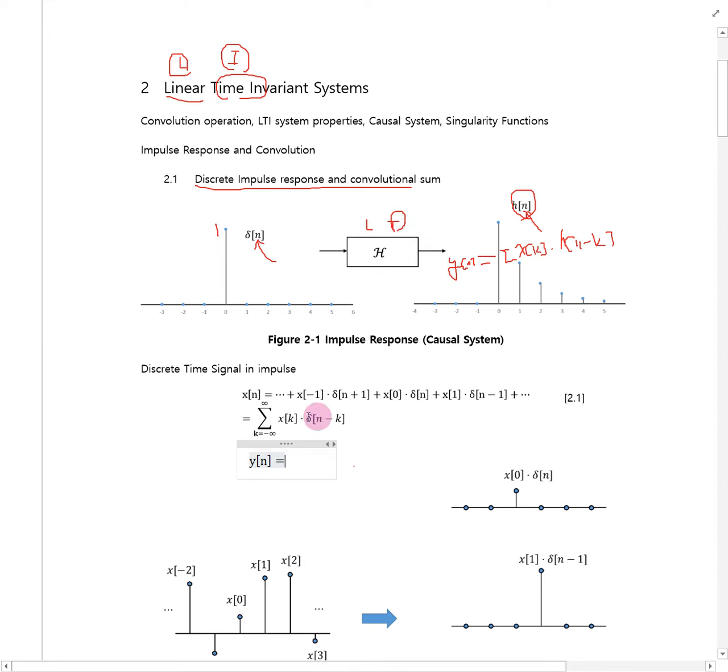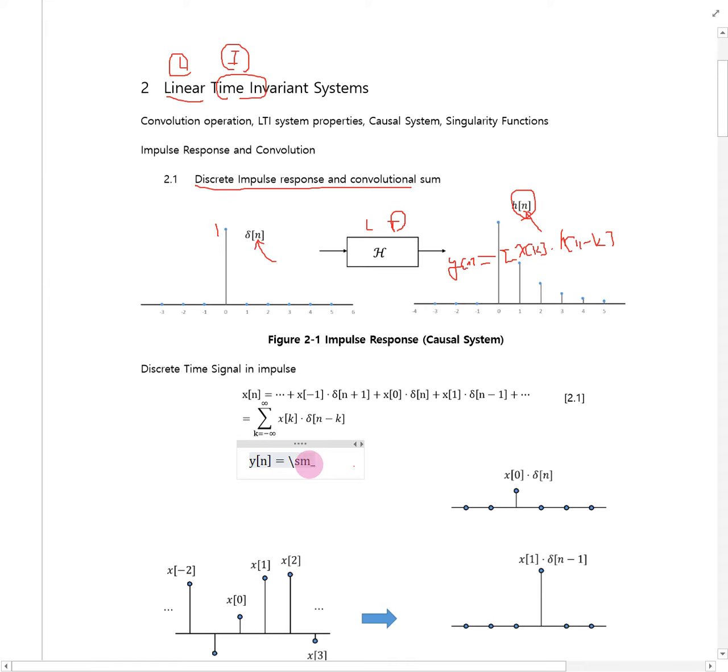Here x[k] is a scale factor and the summation is adding. We know that linearity satisfies additivity and scalability, so homogeneity and additivity are satisfied, and the output will be given this way.